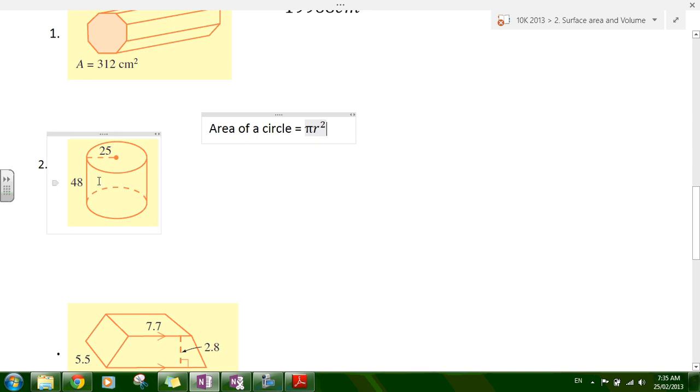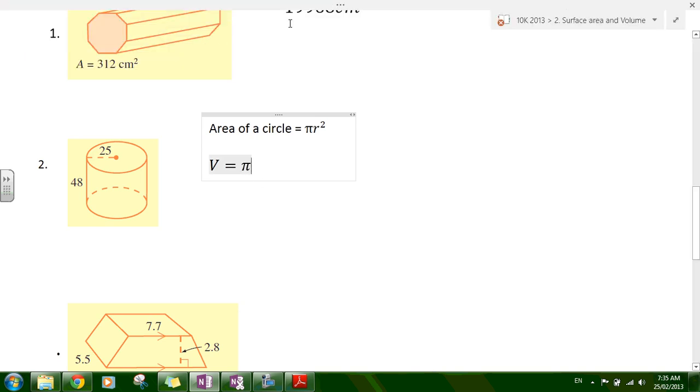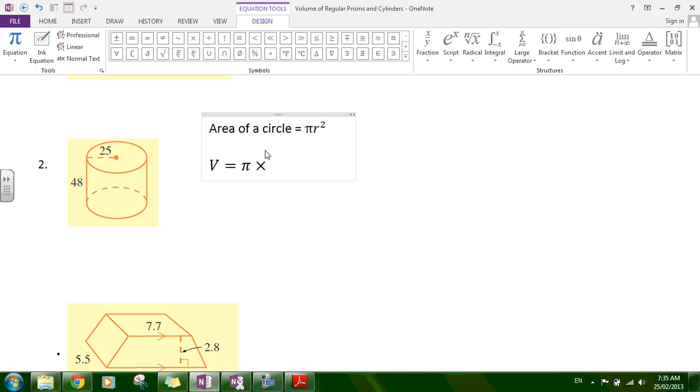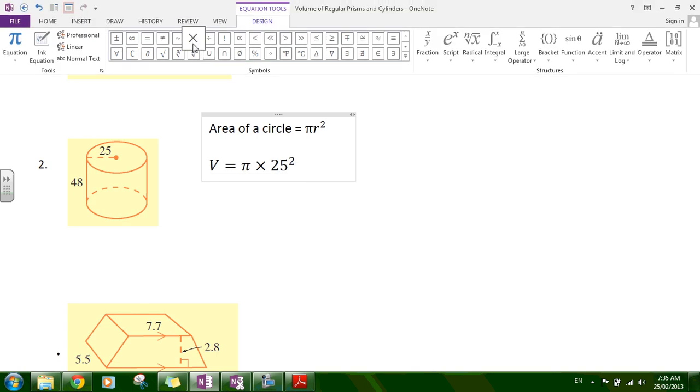So all we have to do is pi r squared for the circle here, multiplied by 48. So V equals pi times 25 squared, which is the radius, and then we multiply that by the height, which is 48.